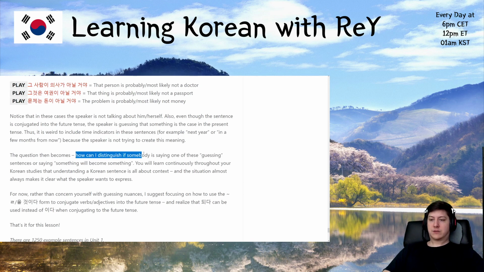How can I distinguish between somebody guessing and the future form? It's all about context.